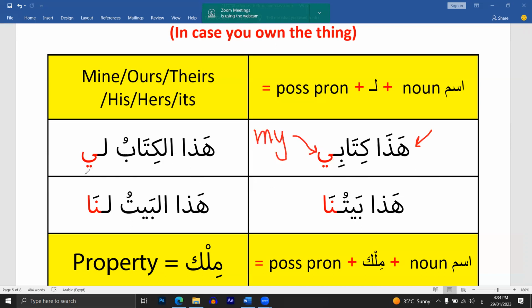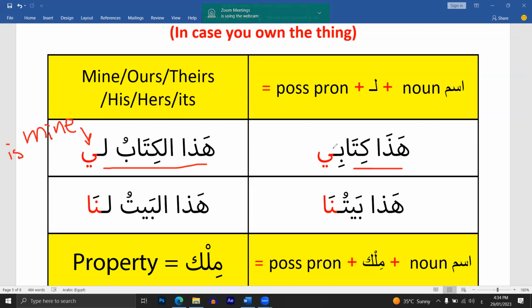Okay, read the second one. هذا الكتاب لي. So the translation of this one, this is my book. But here, هذا الكتاب, this book, and this one means mine. This book is mine.